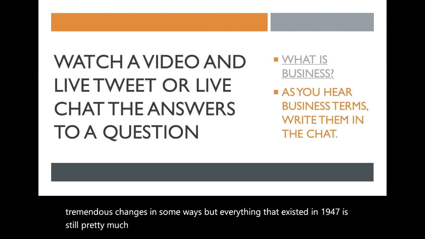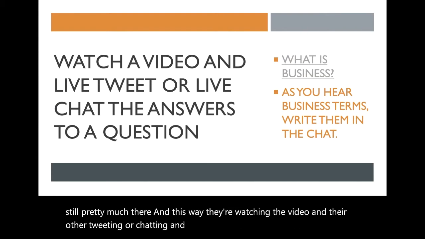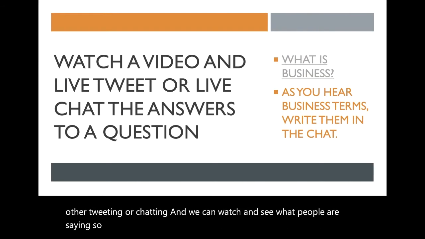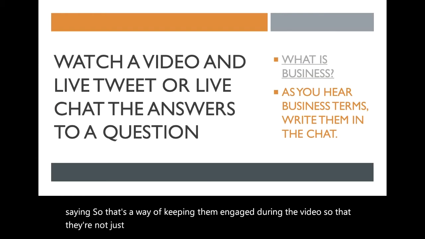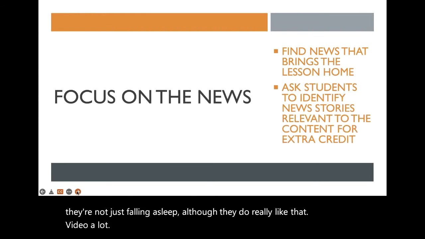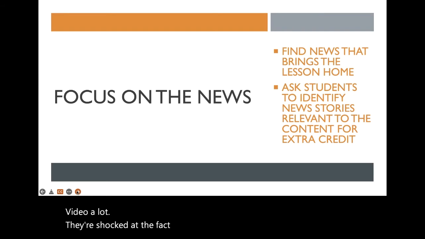This way, they're watching the video and they're either tweeting or chatting, and we can watch and see what people are saying. So that's a way of keeping them engaged during the video, so that they're not just falling asleep, although they do really like that video a lot. They're shocked at the fact that people came in black and white years ago.